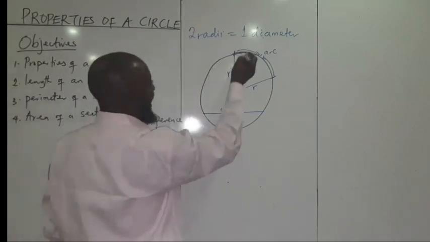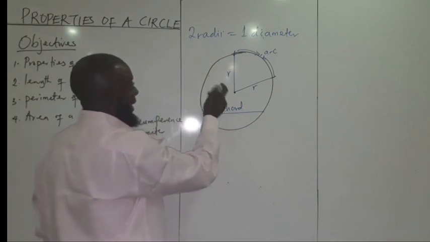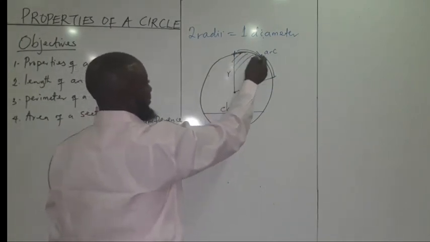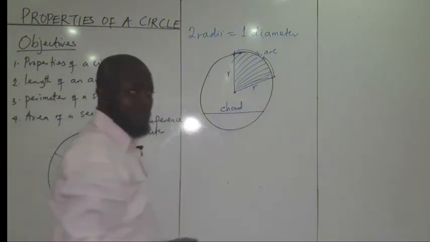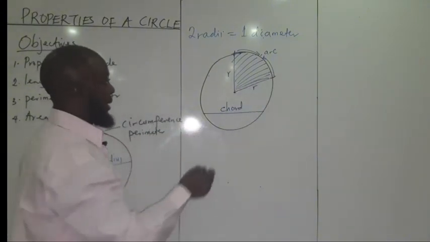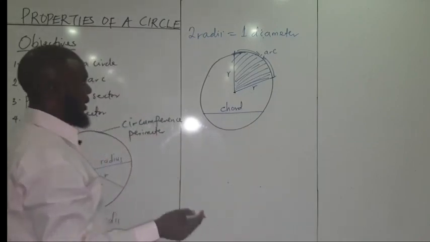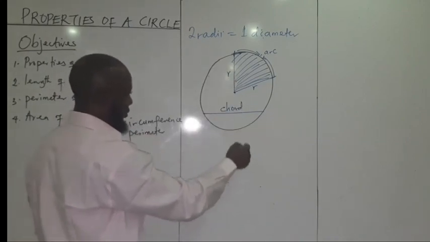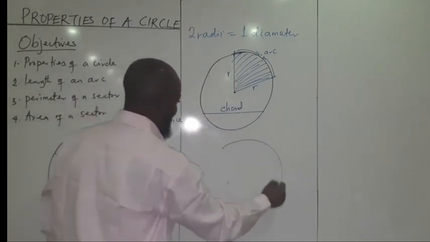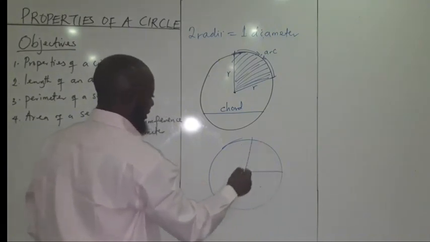Then, if you now look at the region covered by an arc and the two radii here, this region here, that looks like pie, as in pizza, rather. When you have pizza, you cut it into different sectors, so that you can pick your own.